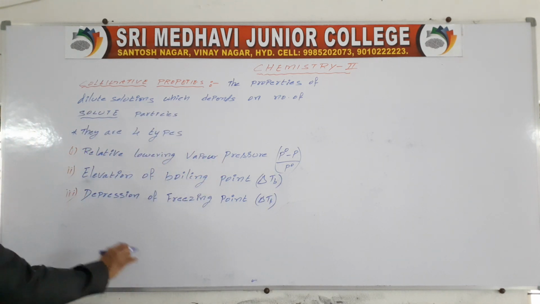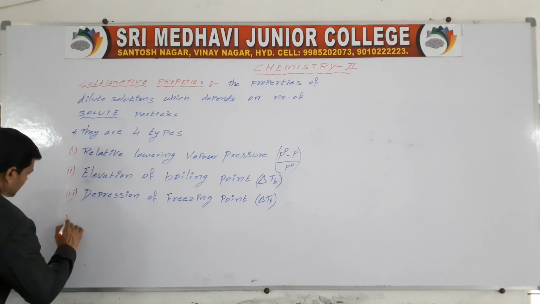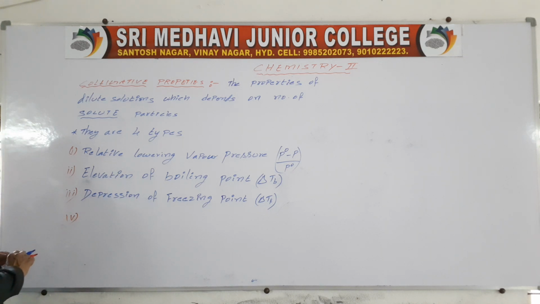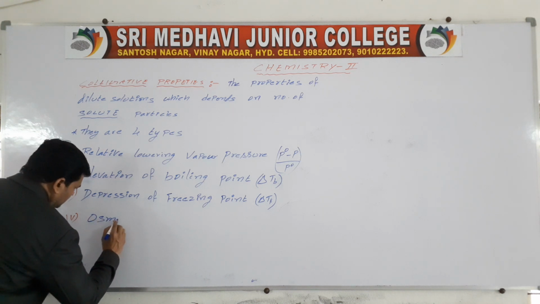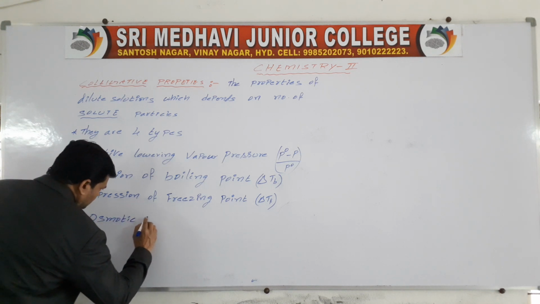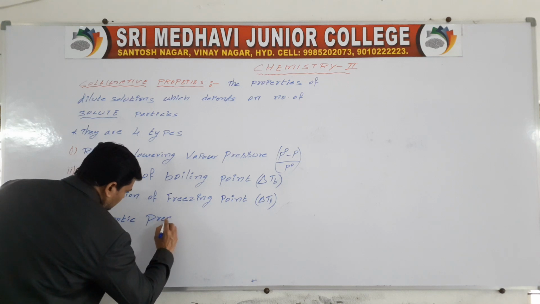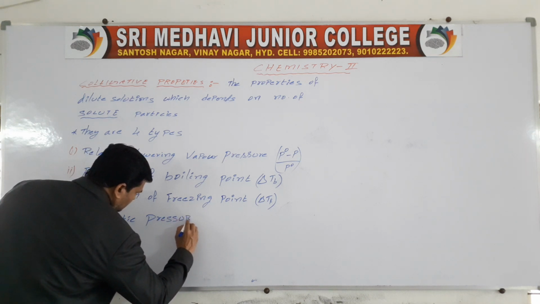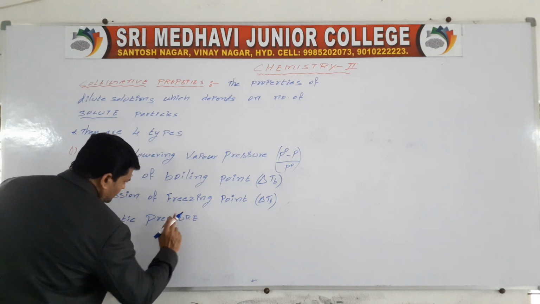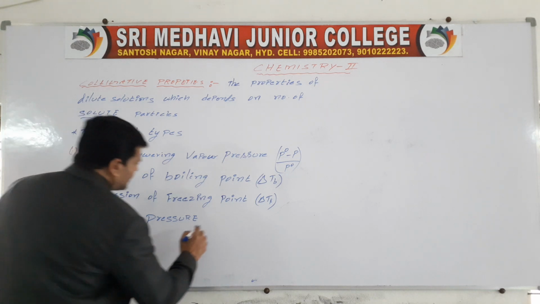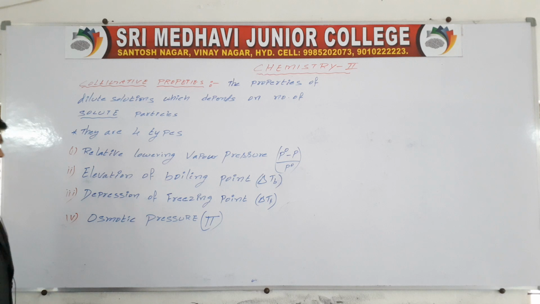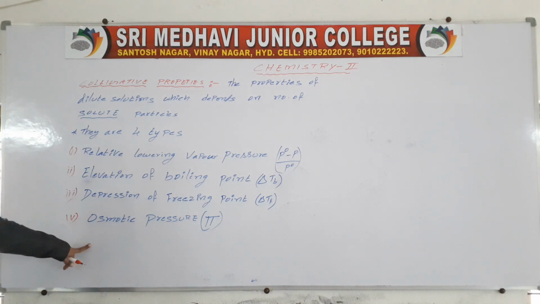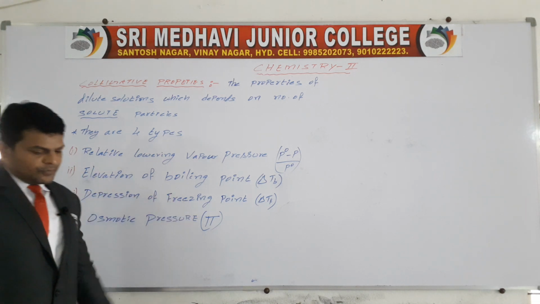The fourth one is osmotic pressure, denoted by pi. In total we have 4 types of colligative properties.